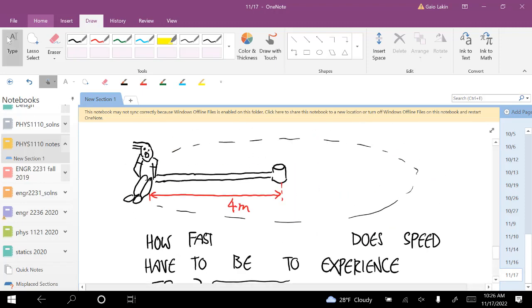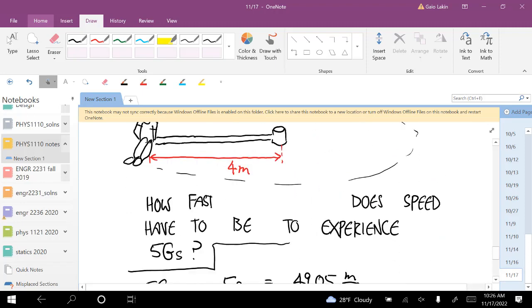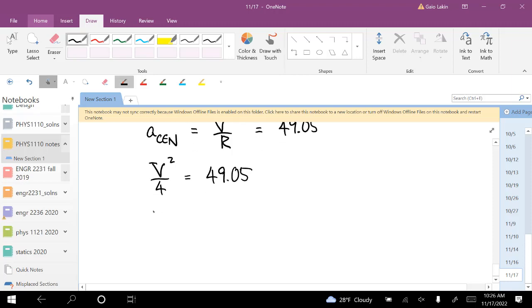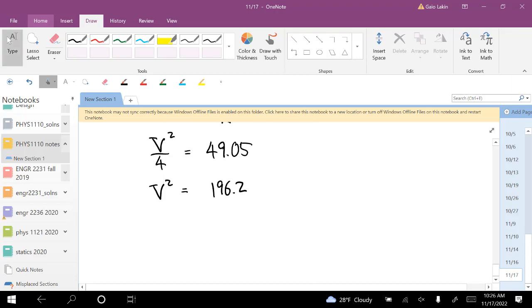What's the radius of this circle? 4 meters, yep. So this equation says v squared over 4 is equal to 49.05. So v squared is equal to 196.2. Take the square root and you get that v is equal to plus or minus... I didn't write this down.